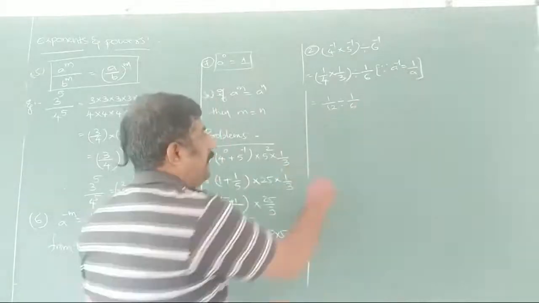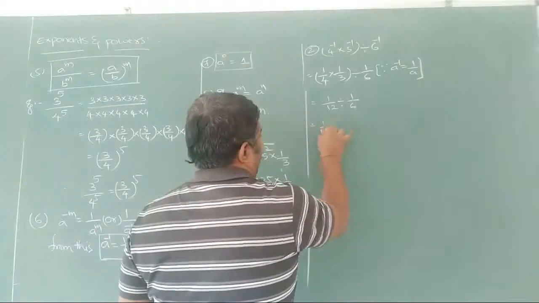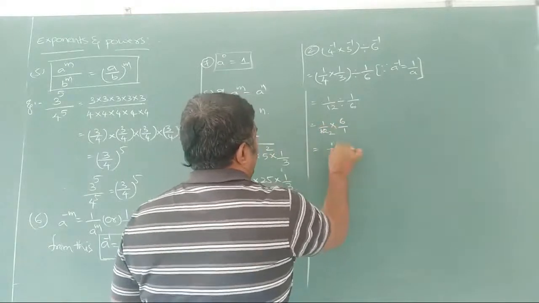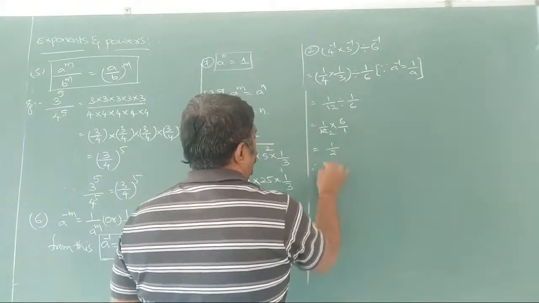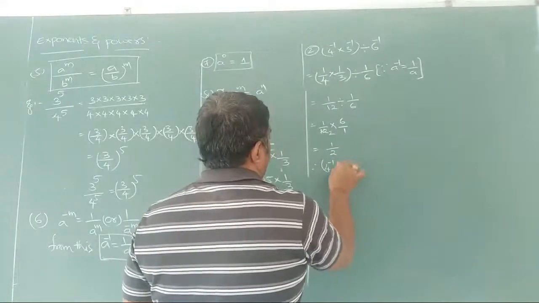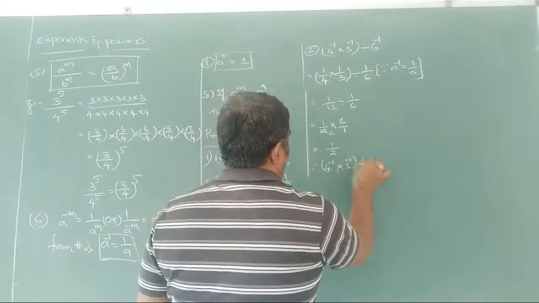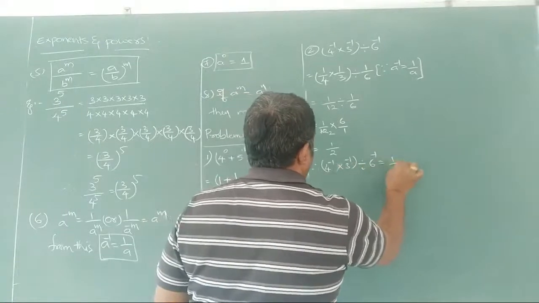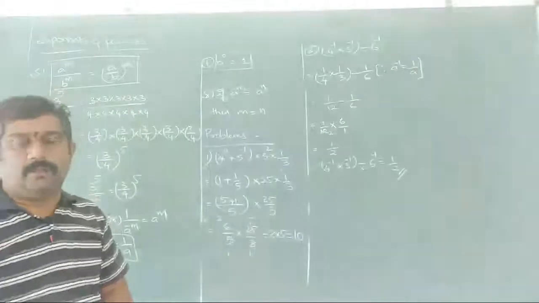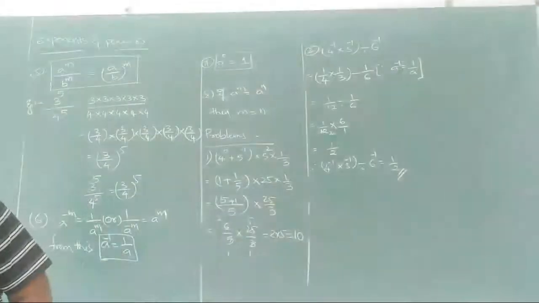So what are you going to get? 1 by 12 into 6 by 1, 6 ones are 6, 6 twos are 12, the answer is going to be 1 by 2. Therefore 4 to the power of minus 1 into 3 to the power of minus 1 divided by 6 to the power of minus 1 is nothing but 1 by 2. Okay, let me take another problem.